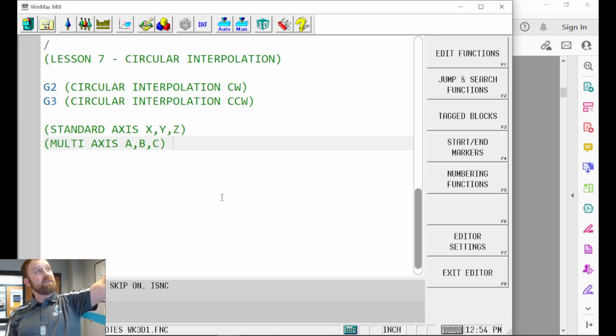If you're rotating around the Y-axis, it's a B-axis rotation. And if you're rotating around the Z, it's a C-axis rotation. The alphabet. Everybody knows their alphabet, right? The alphabet game. That's all this is.